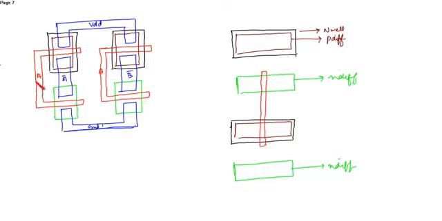First see, this A is connected to this two gate, then A bar is connected over here. So since A bar is connected to this, then B is connected to the source and B bar is connected to this source.